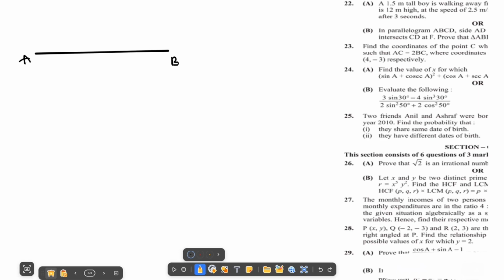Now this AB is extended up to C. This is extended up to C, such that AC is 2 times of BC. So A to C is 2 times of BC. So what is given here? It is given that A to C is 2 times of BC.